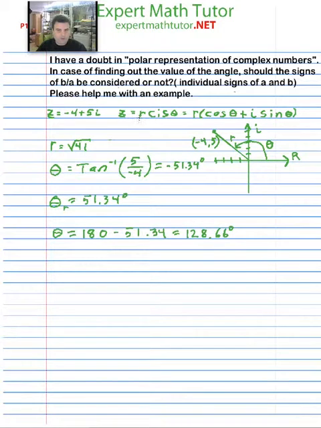This means r times the quantity cosine theta plus i sine theta. So to finish up this problem, we have z equals the square root of 41 cis 128.66.